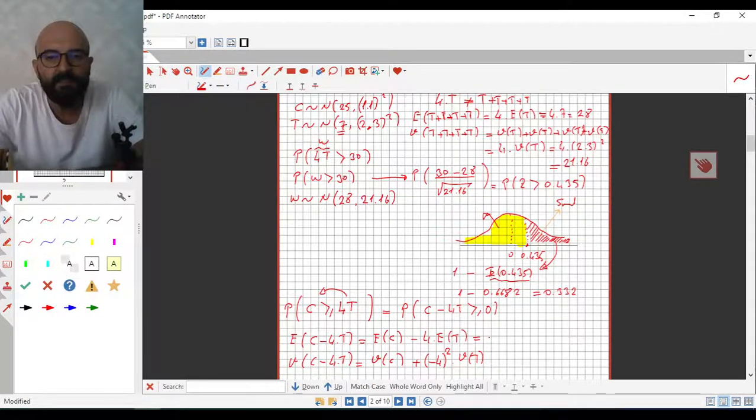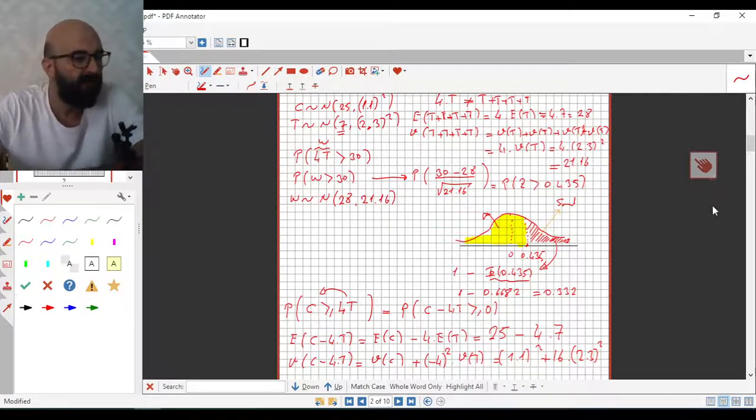It means 25 minus 4 multiplied by 7, and the variance is 1.1 squared plus 16 multiplied by 2.3 squared.